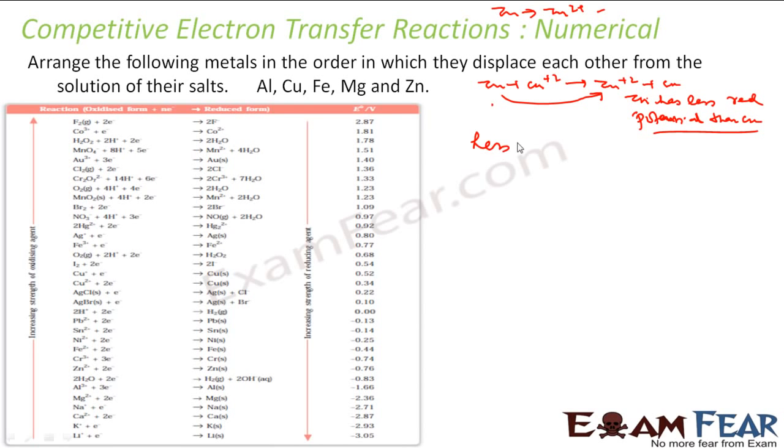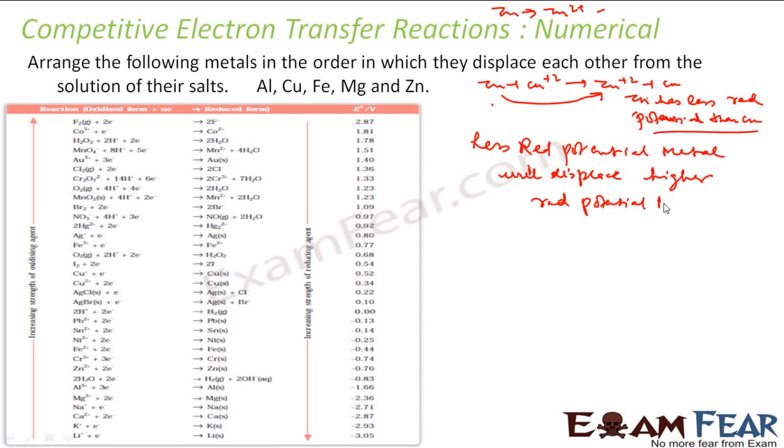I can say that less reduction potential metal will displace higher reduction potential metal.